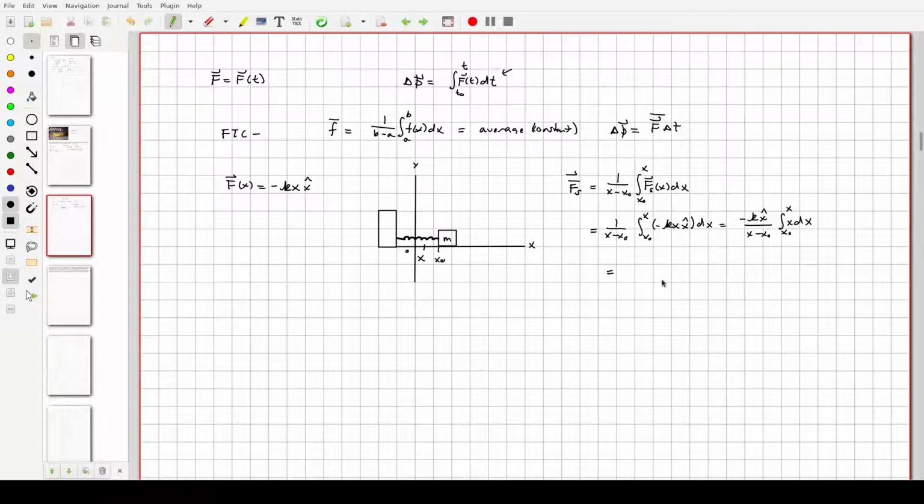When you do that, you get 1/2 x squared evaluated from x naught to x. If you plug those in, you get minus k x hat over x minus x naught times 1/2 x squared minus 1/2 x naught squared.